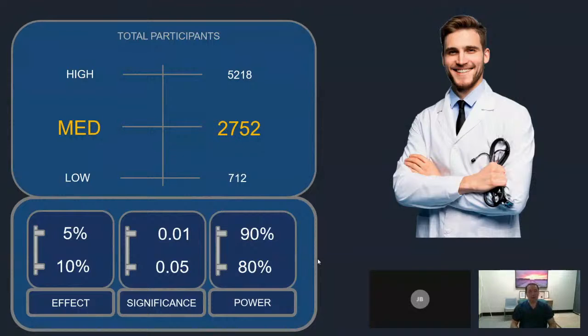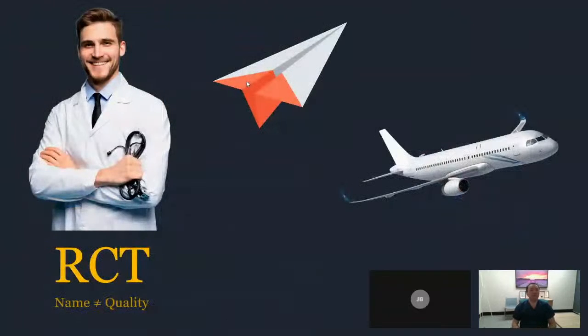Then if all RCTs are in poor shape, what am I going to do with that? By changing the knobs of effect, significance and power up and down, we can get different sample sizes ranging from 700 to 5,218. As an individual clinician, how can I tackle this situation and interpret it?